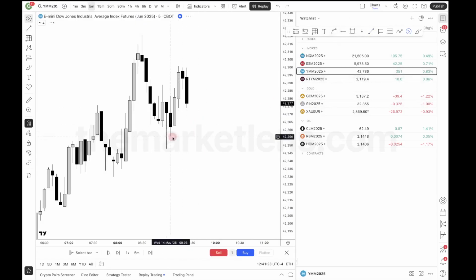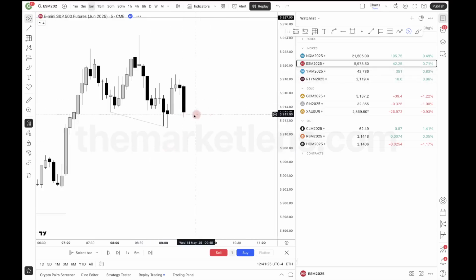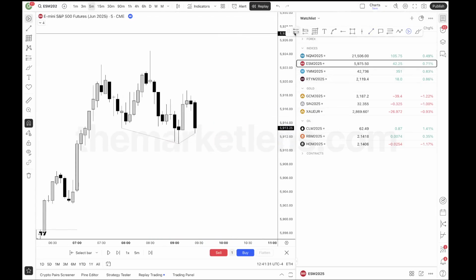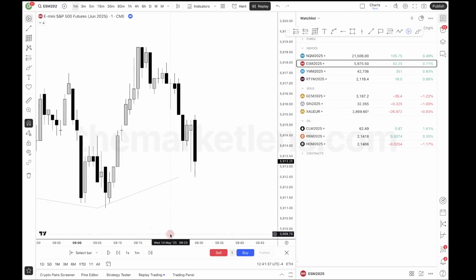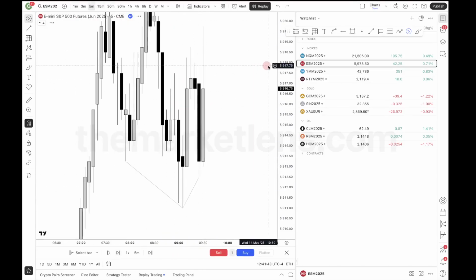And I think it's with YM, by the way. So the first SMT is with YM, as you see, and then we're creating an SMT like this, right? So I'm already in this trade when I see this SMT, and then when I see 9:30 expand away and re-tap this area, I actually get in again.